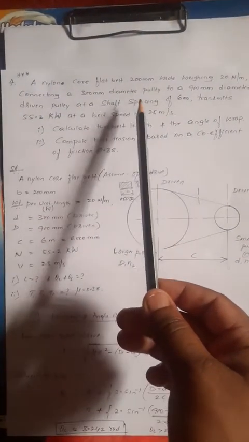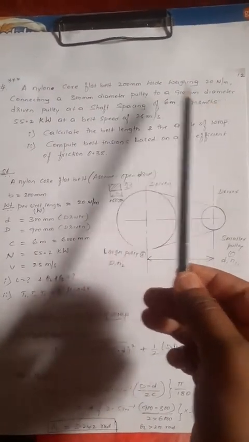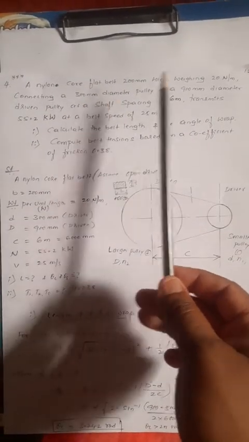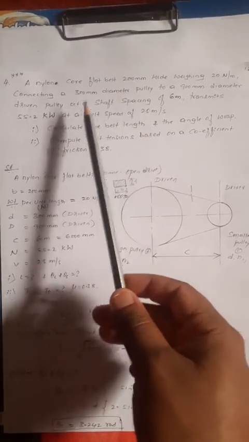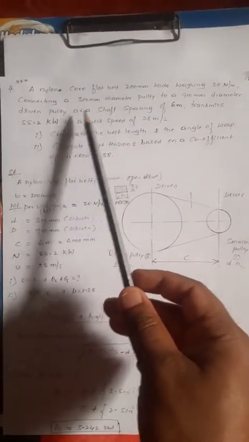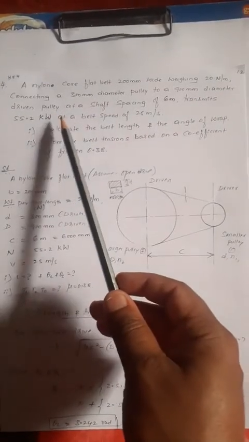Connecting a 300 diameter pulley to a 900 diameter driven pulley. 300 diameter is the smaller diameter, 900 the larger diameter. Which one is the driver? It is clearly given: the 300 diameter pulley is connected to a 900 diameter driven pulley.